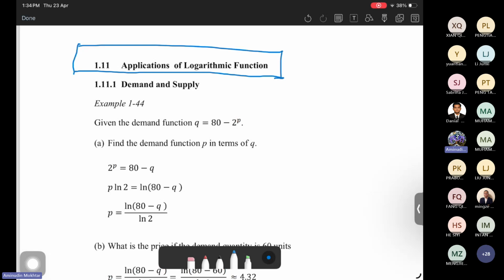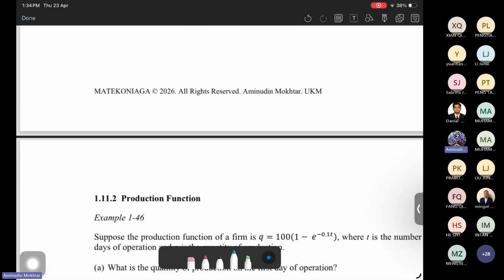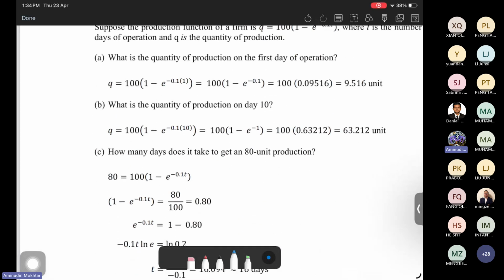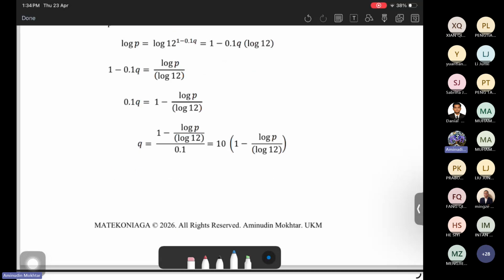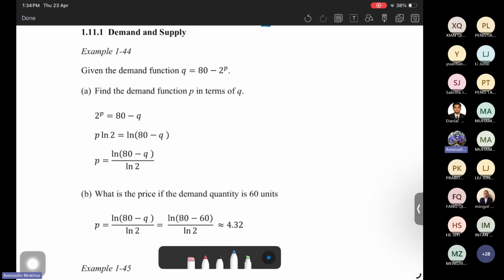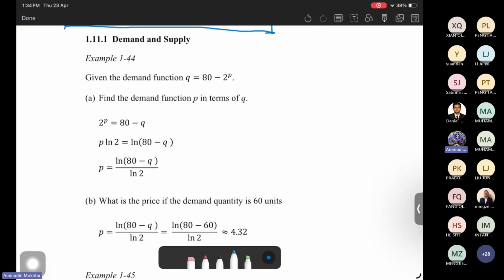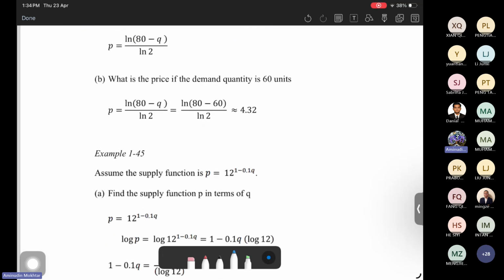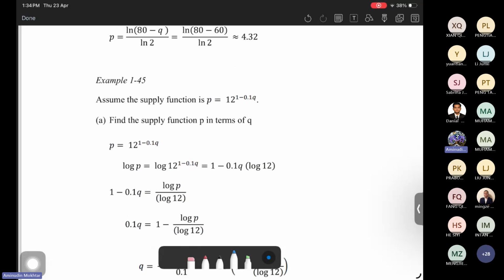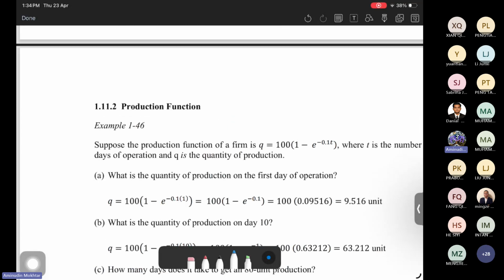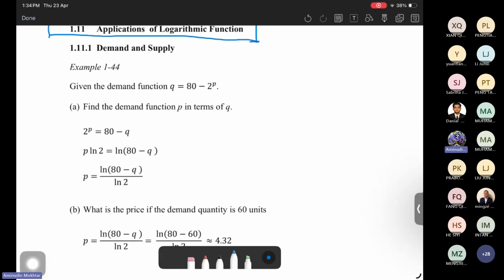There are 2 or 3 examples here. I will focus on one example, and I hope you can try to analyze and answer the other examples, especially example 1.45 and example 1.26. But for today, I just explain demand and supply based on example 1.44.